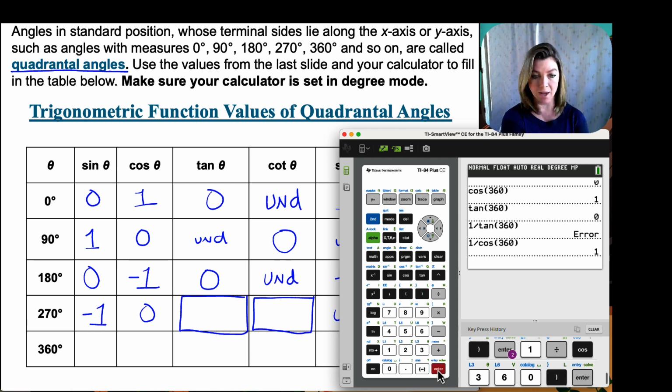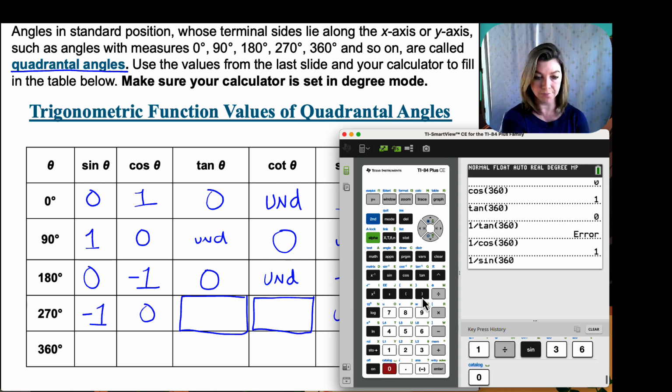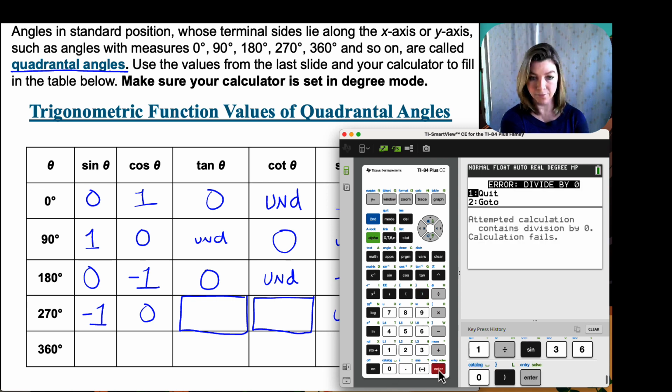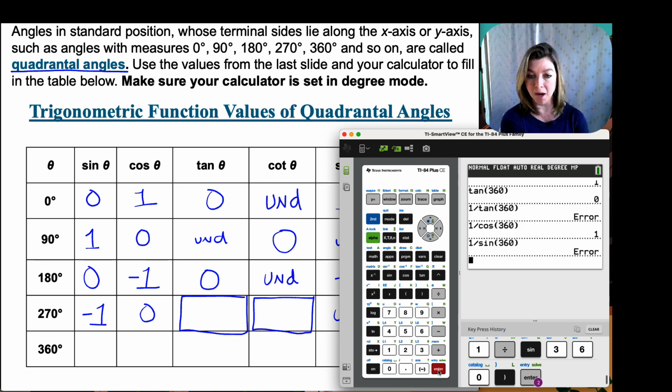Is 1, and last one, just to confirm that 0 degrees and 360 degrees are going to have the same function values. That would be 1 divided by sine of 360, dividing by 0 error, so that would be undefined.